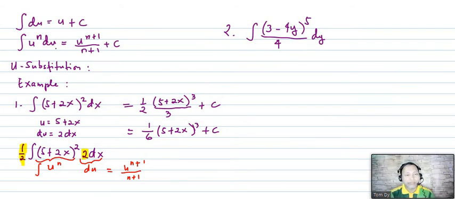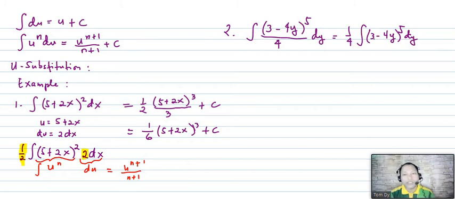If we apply this formula, we have to determine our u. But because this is a fraction, I will write first 1 over 4, the integral of 3 minus 4y raised to 5 dy.